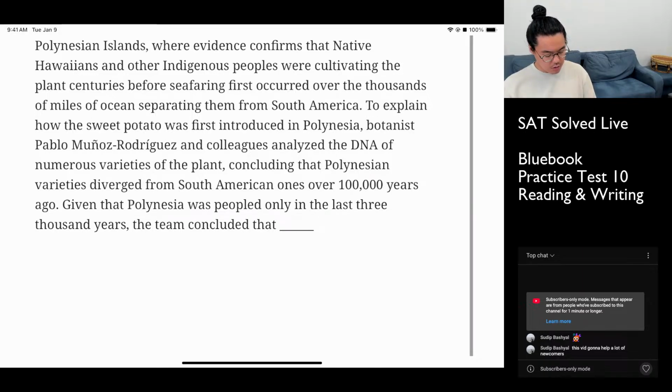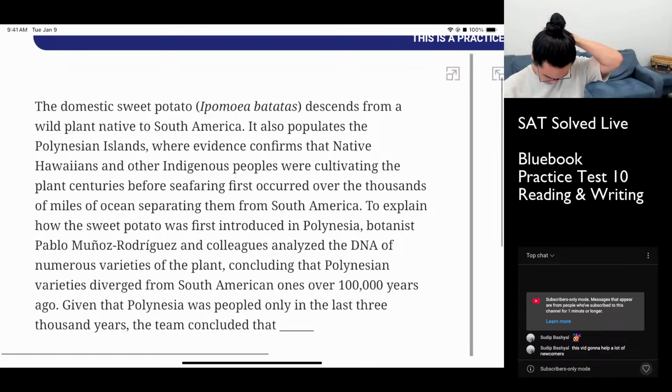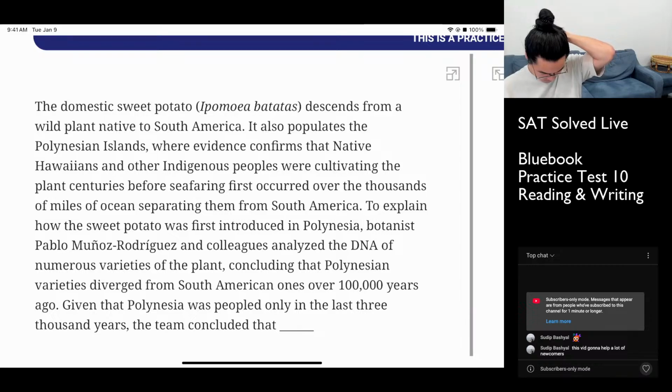Therefore, and we were only around for 3,000 years. Therefore, maybe it was like Pangea, right? And honestly, my geology is pretty bad, but somehow these two came from South. Wait. They're different, and they diverged 100,000 years ago.